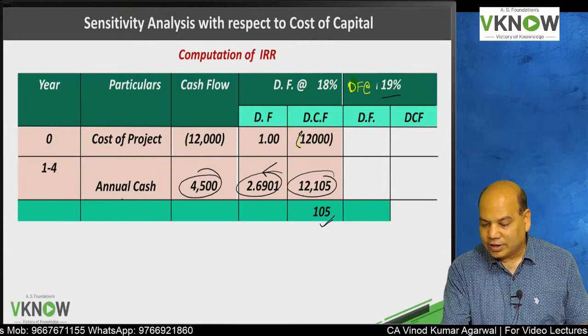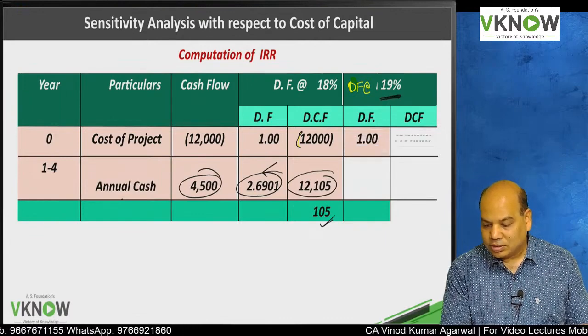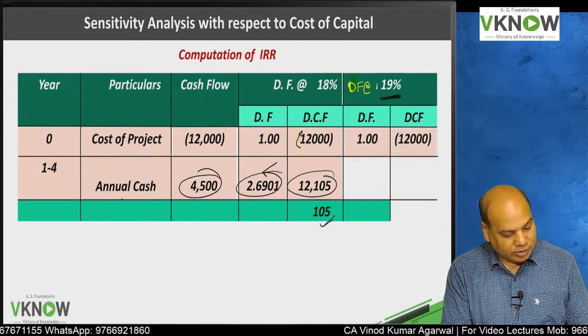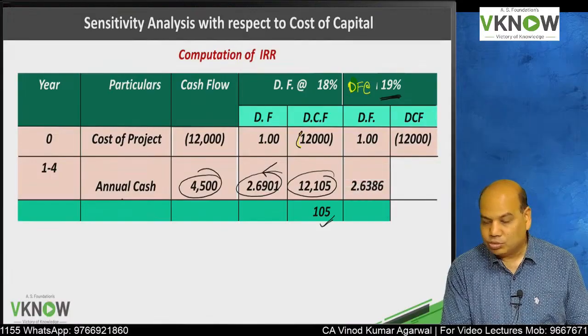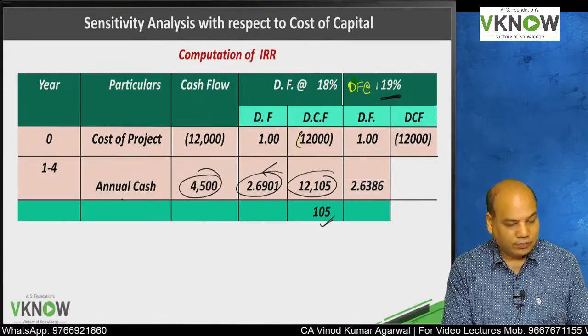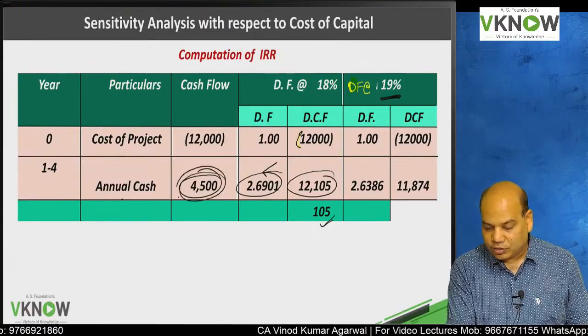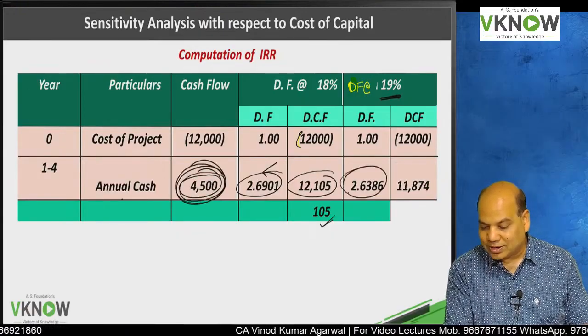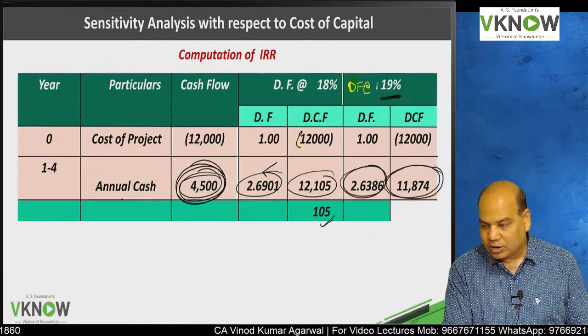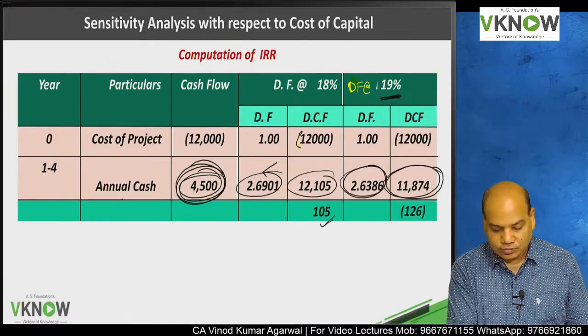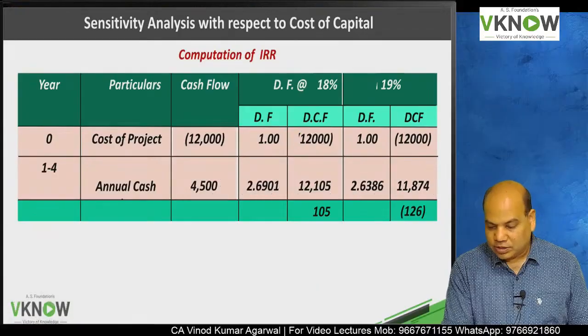So take the rate 19% now, factor is from the book, you can copy from there, 2.6386. Multiply 4,500 into 2.6386, you will get this answer, and therefore NPV is negative.